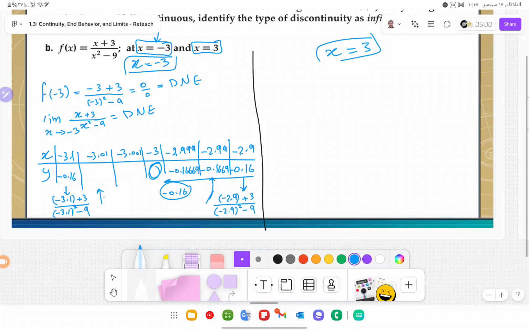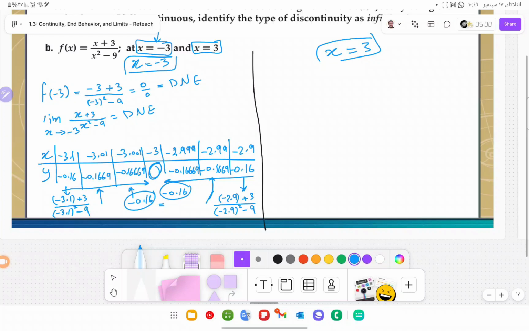If we find this value also, you will find negative 0.1669. And if we find negative 3.001, it will be negative 0.16669. So as you can see, as we get close to negative 3, we get close to what value? Negative 0.16. So from the right and from the left, both of them are the same.